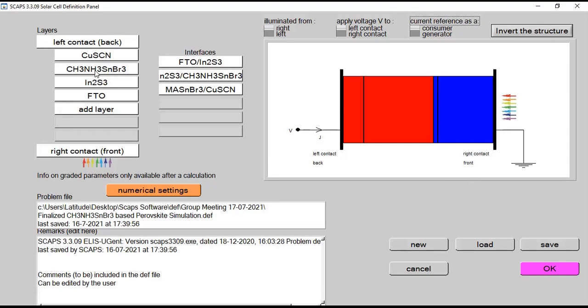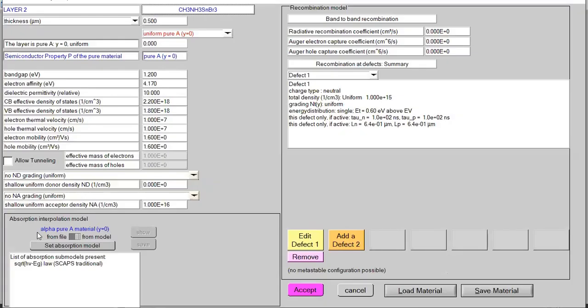For that case, you can see I have just clicked over this perovskite layer, and it is showing me over here the absorption interpolation model. You can set absorption data in two ways, from your model and from your file.